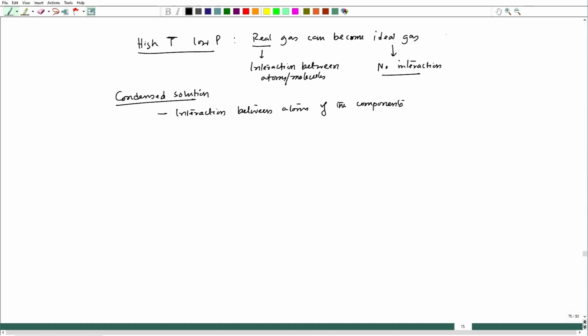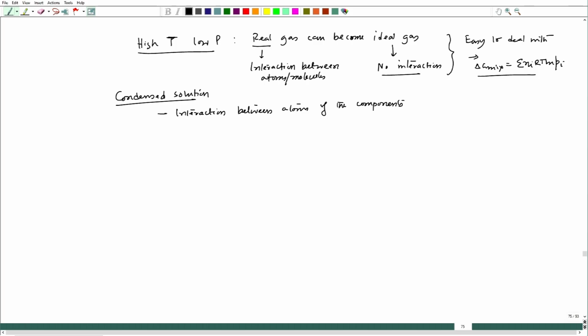Here we have treated the mixture of ideal gases, and this becomes easy to deal with. We found that if we try to find delta G mix, we have this formula, if you recall. We calculated delta G mix when mixing multiple ideal gases, and the treatment was relatively easy.